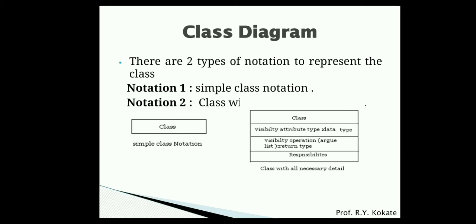First one is your class, second one is your visibility, attribute, data type. That means second section contains the number of attributes with their visibility and data type. Third section contains the operations of the class with their visibility and argument list. And fourth section contains the responsibility of the system.